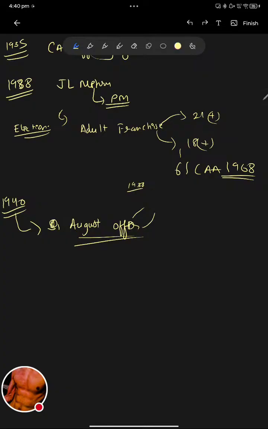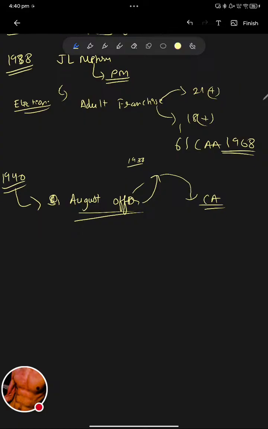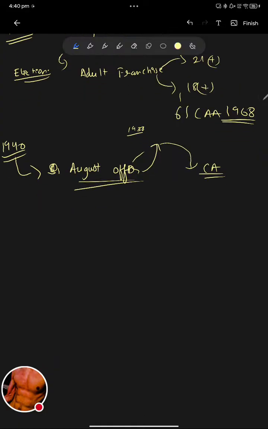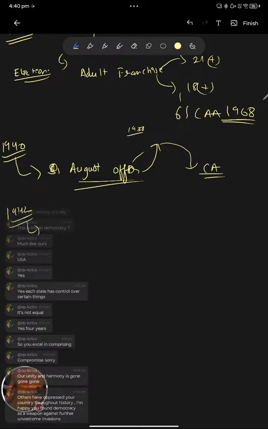So they told us to join this world war, and after the world war they would make our Constituent Assembly. But we said no, because we don't know how long the world war is going to last, so there was no assurance on this. So later on in 1942, the Britishers said okay, if you don't want to join our war, we will just make this.